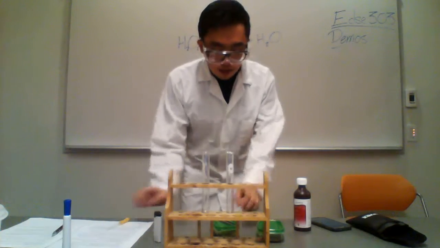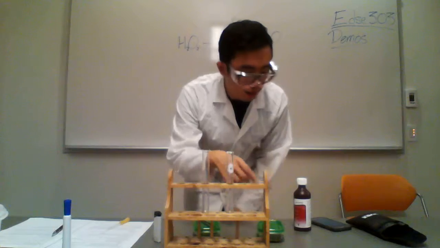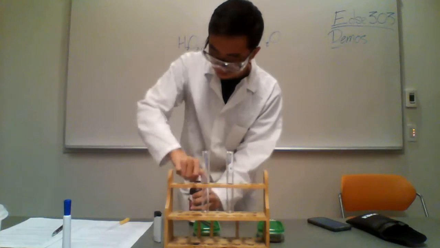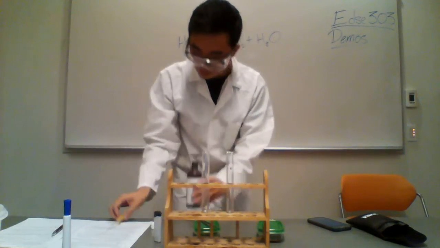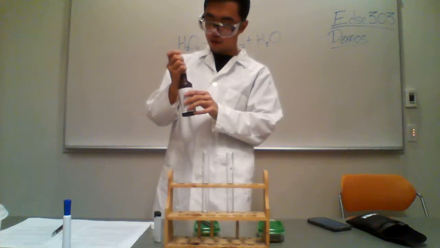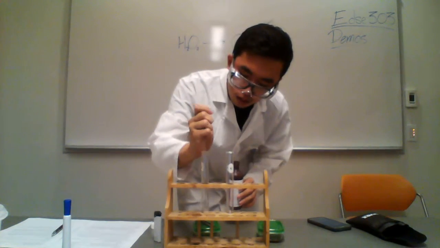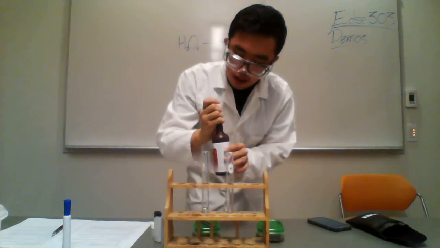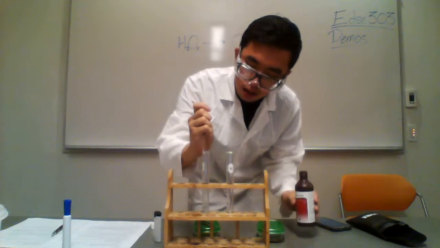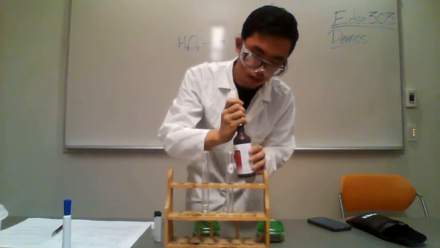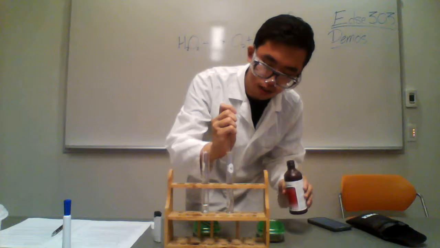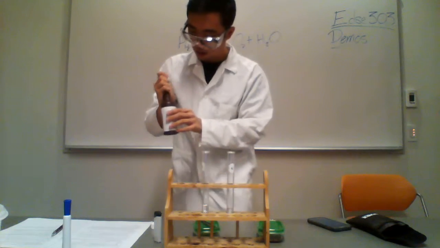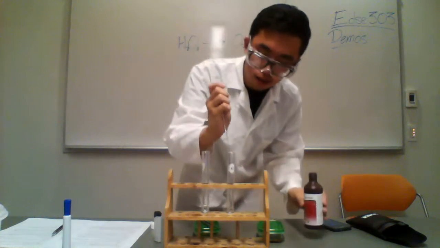So basically, what's going to happen is that I'm going to put these into the hydrogen peroxide. And an enzyme in the liver and the potato called catalase will react to the hydrogen peroxide.